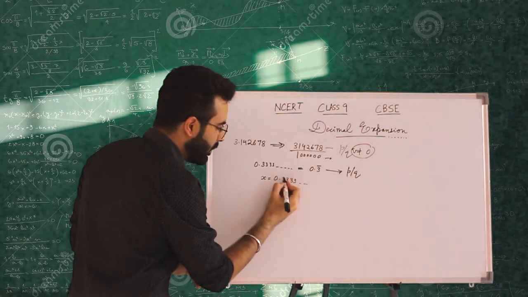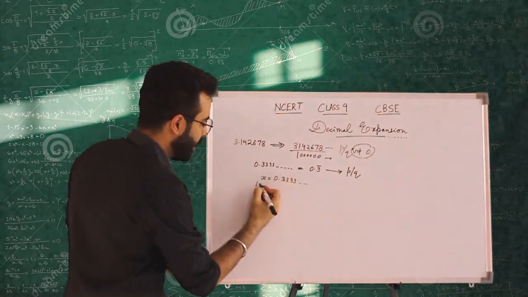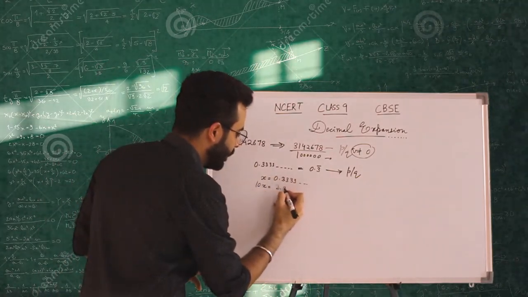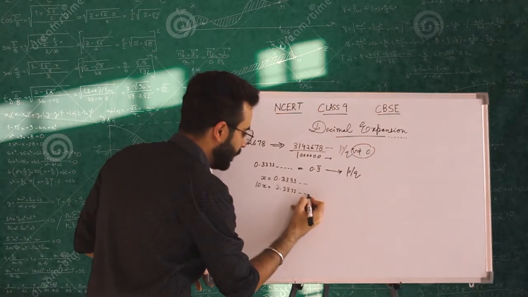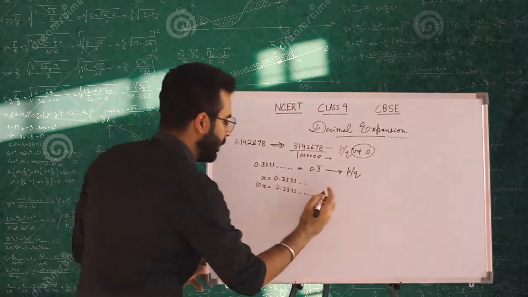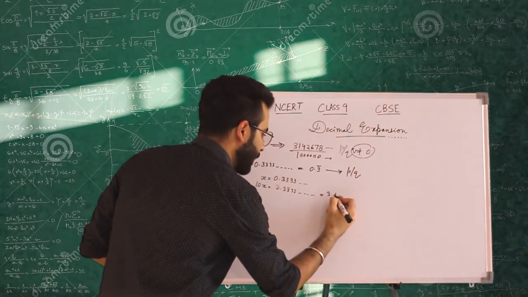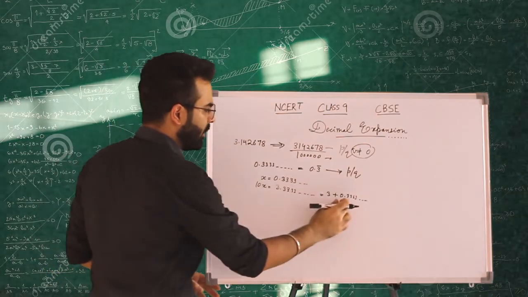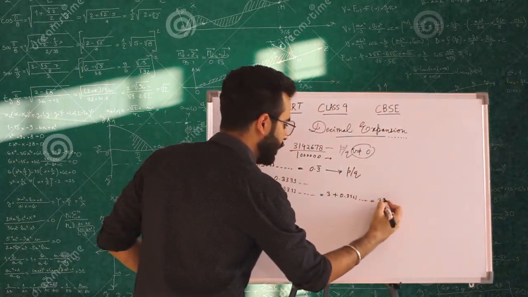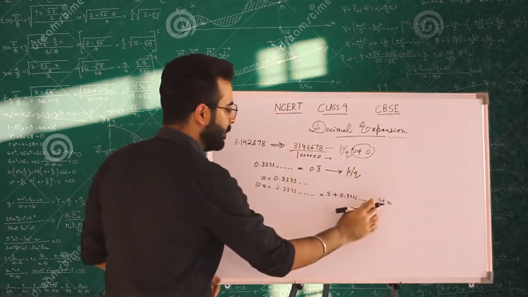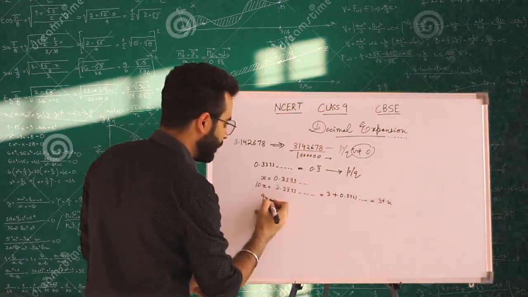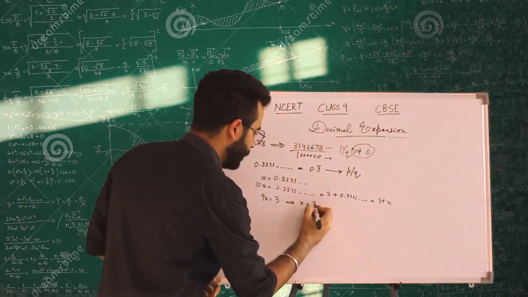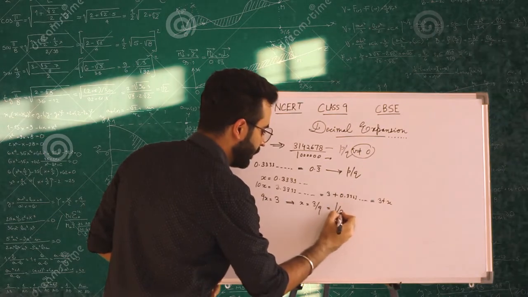Now because only one digit is repeating, I'll multiply it by 10. 10x becomes 3.3333 up till infinite. Now you can write this as 3 plus 0.3333 infinite, and this is our x, so 10x is 3 plus x, which means 9x will be 3, which means x will be 3 by 9, which means 1 by 3.